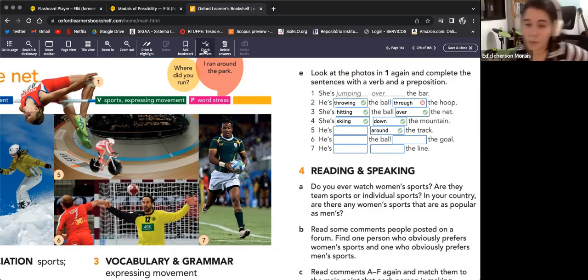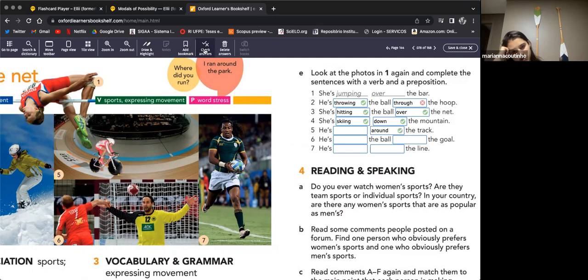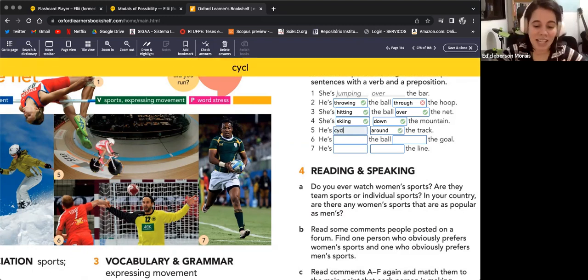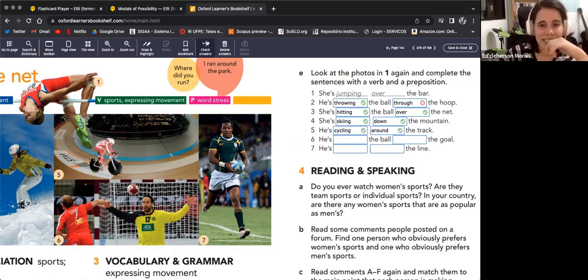But which one is a verb? Cycling. Cycling like this? Okay, cycling. That is correct. Andando de bicicleta. He's cycling around the track. Cycling around.